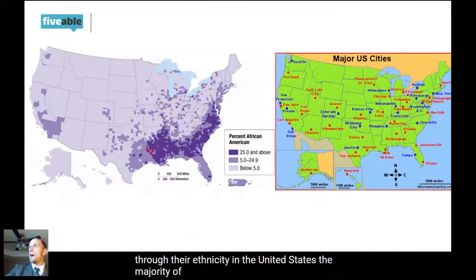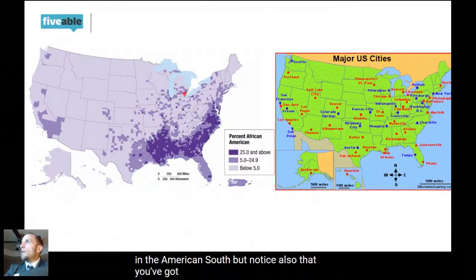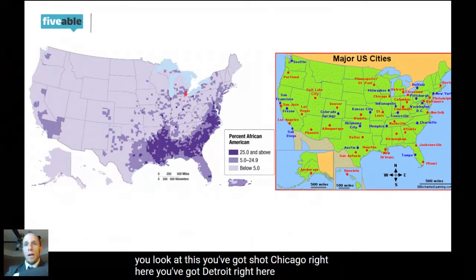The majority of blacks in our country live in the American South, but notice also that you've got counties, you see my mouse, counties in parts of the North that have large African American populations as well. Now, if you look at this, you've got Chicago right here. You've got Detroit right here, right?